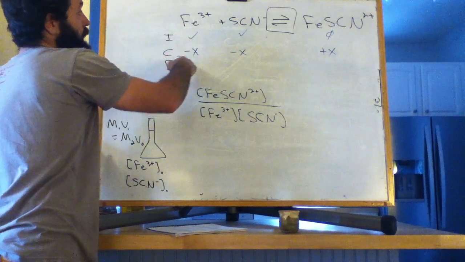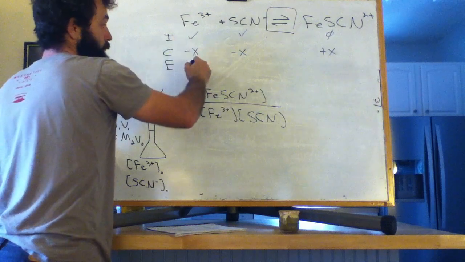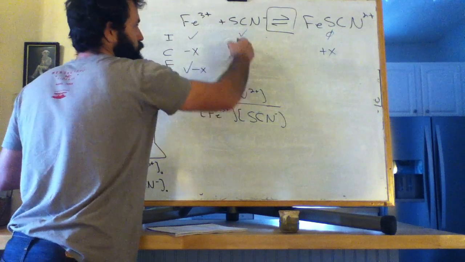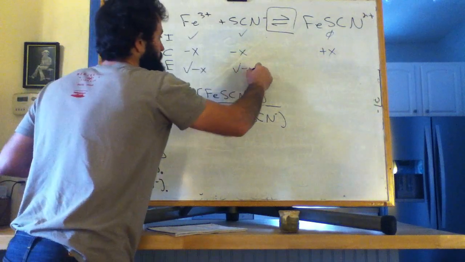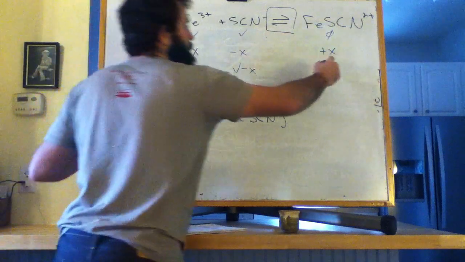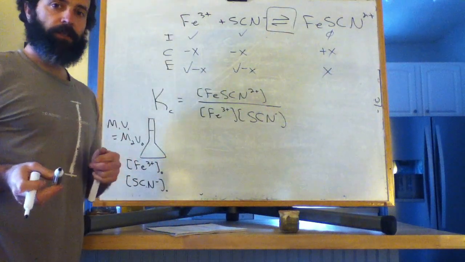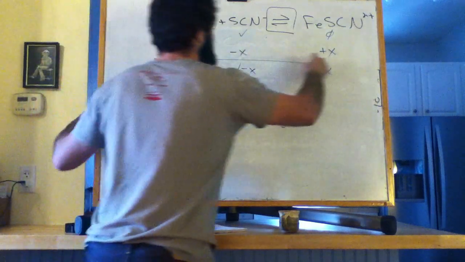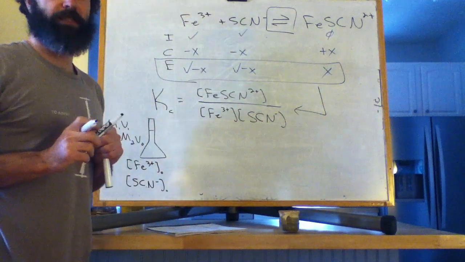So what's the equilibrium concentration of iron 3? It's our initial, we know that number, minus X. SCN minus, our initial, we know that number, minus X. And what is the equilibrium concentration of the iron thiocyanate complex? X.